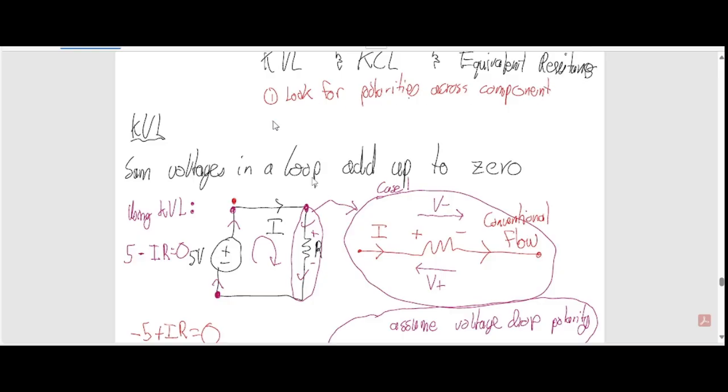Then you just go around the loop and you sum the voltages. And that is it. The hardest thing, or the thing that will trick you up, is the resistor. All you have to remember is current in this direction, plus to minus, voltage drop; minus to plus, voltage rise. That's literally all you have to remember. And it's conventional flow.